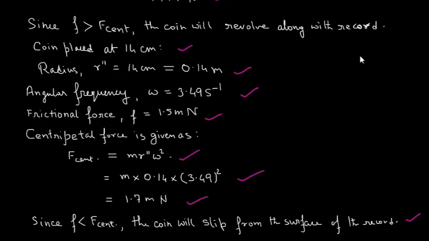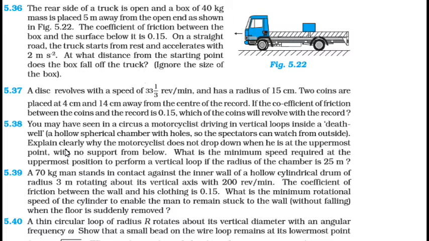Let us move to the next question. The next question is 5.38. You may have seen in a circus a motorcyclist driving in vertical loops inside a death well.